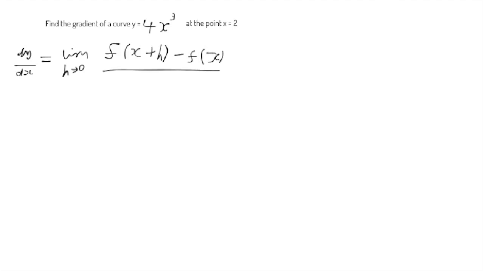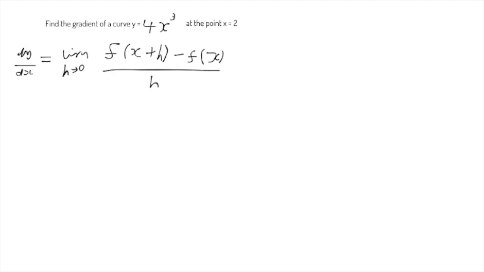Let's write out our formal definition first. So we have dy by dx equals the limit as h goes to 0 of f of x plus h minus f of x, all divided by h.